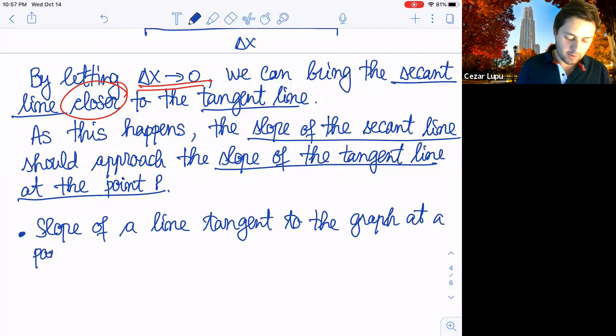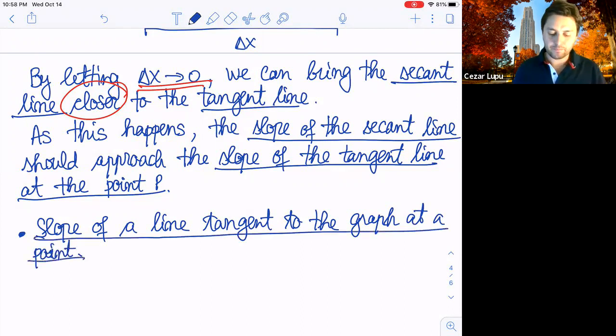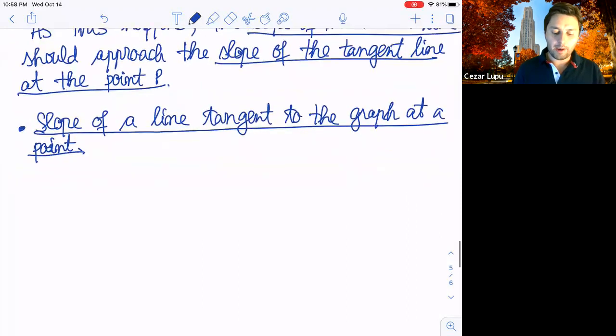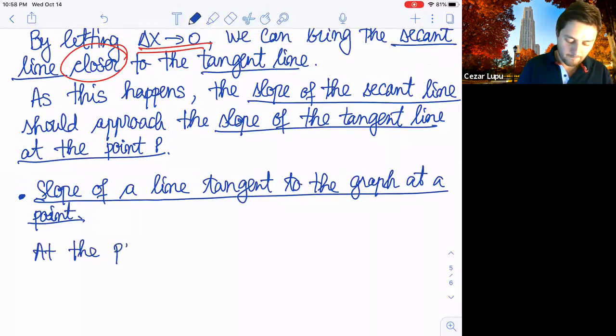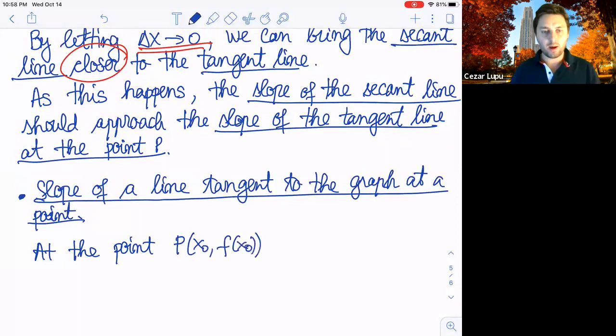So let's address this. Okay. So at the point P of coordinates, let's say x naught and f of x naught.